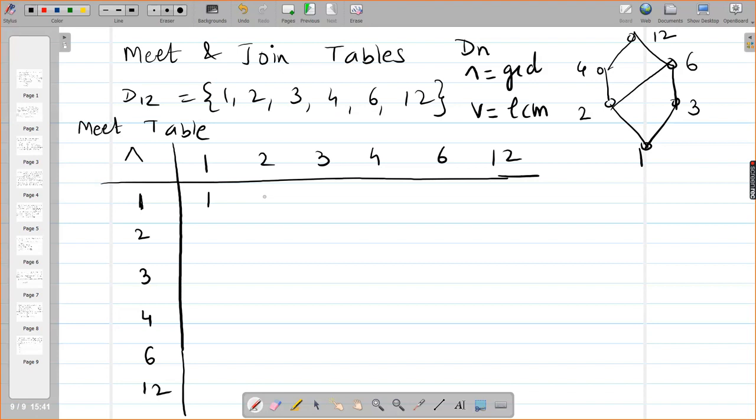Then GCD of 1 and 2 is 1. GCD of 1 and any number is 1, right? Let me write it neatly so that there will be no confusion. 1, 1, 1, 1, 1. Column wise also, it is a commutative property. GCD of 1 and 2 is the same as GCD of 2 and 1. So this is also going to be 1.